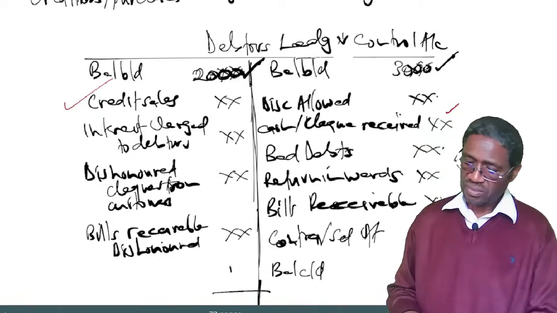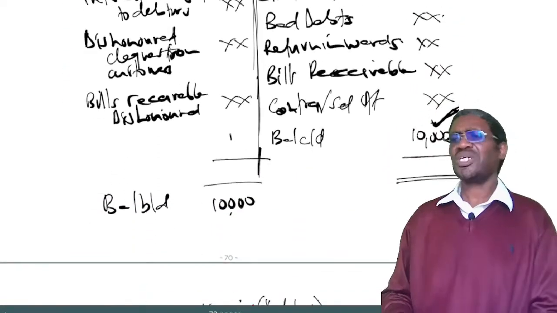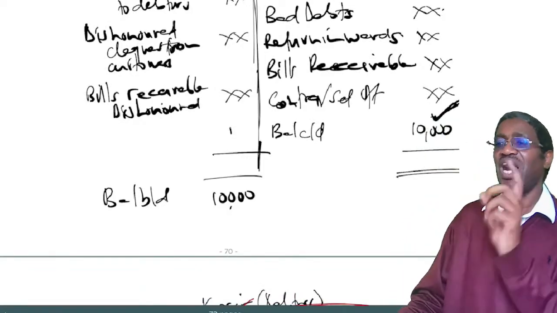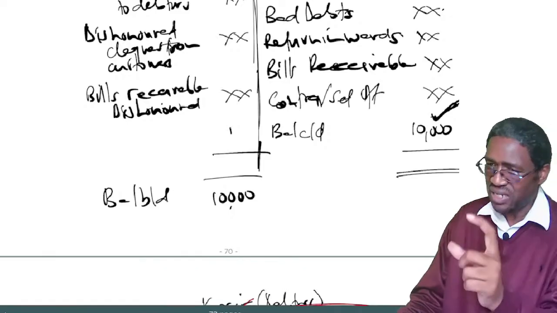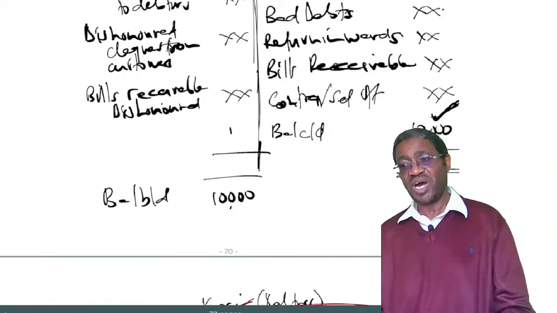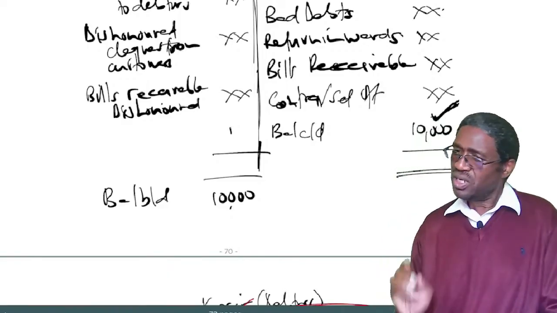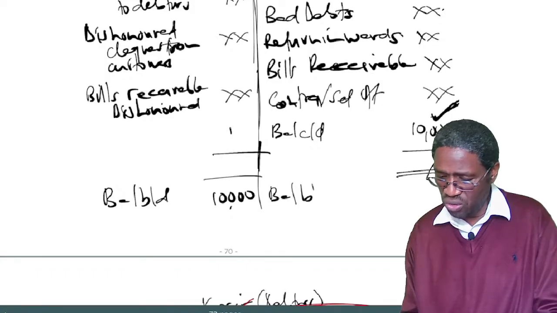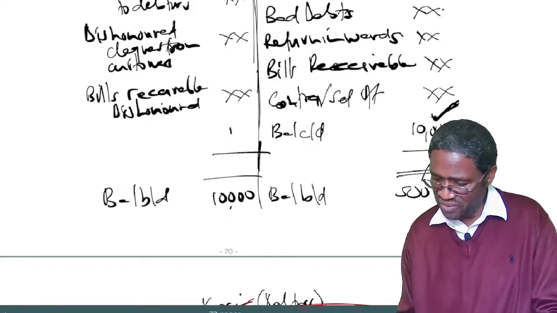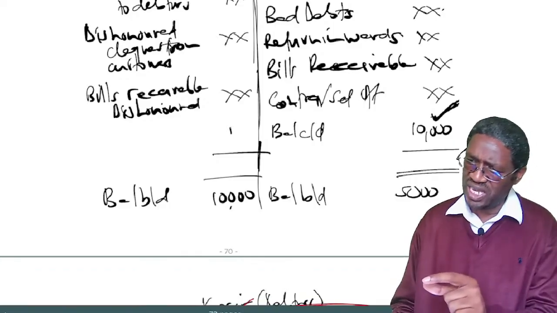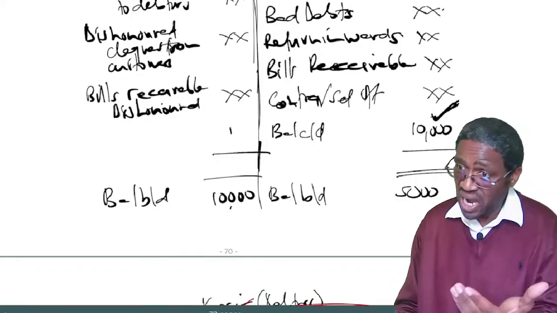Good. But then, what if I'm told by the end of the year, again, we have another credit balance of 5,000. If it's a credit balance, then I'm saying it should be brought down on the credit side, 5,000. Listen, but you cannot have a brought down by the end of the year again without a carry down.